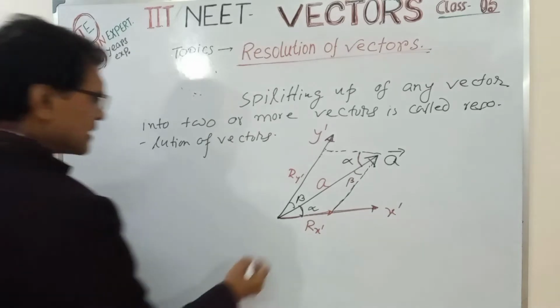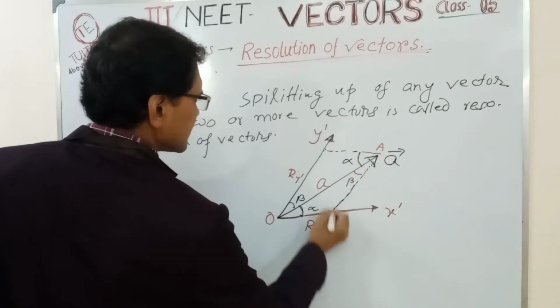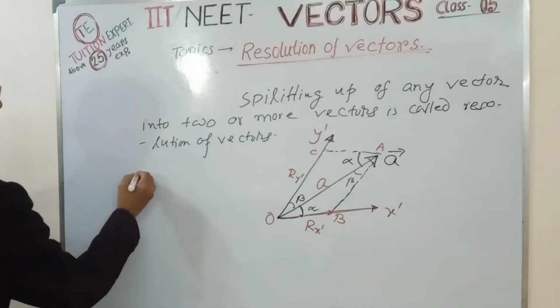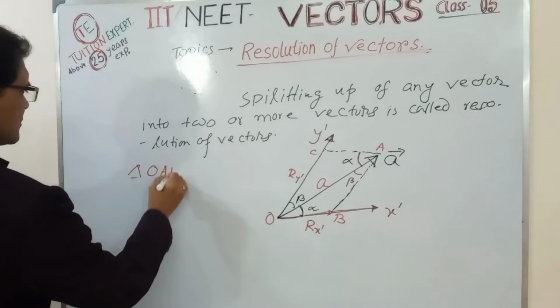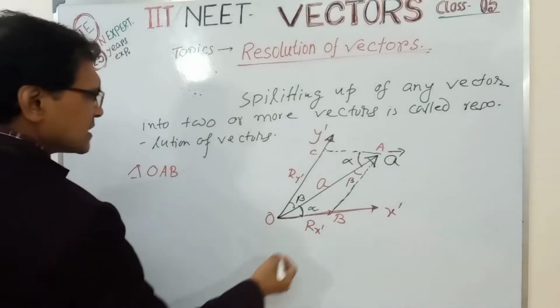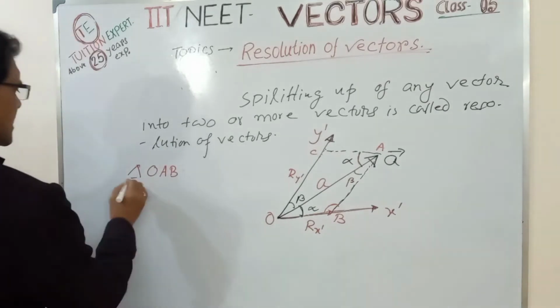Now, suppose this is triangle OABC. From triangle OAB, what do we get? This angle is pi minus alpha minus beta. So apply the sine rule.